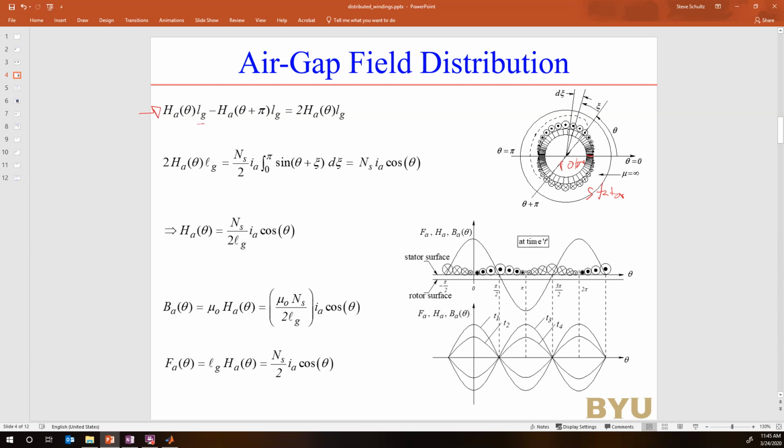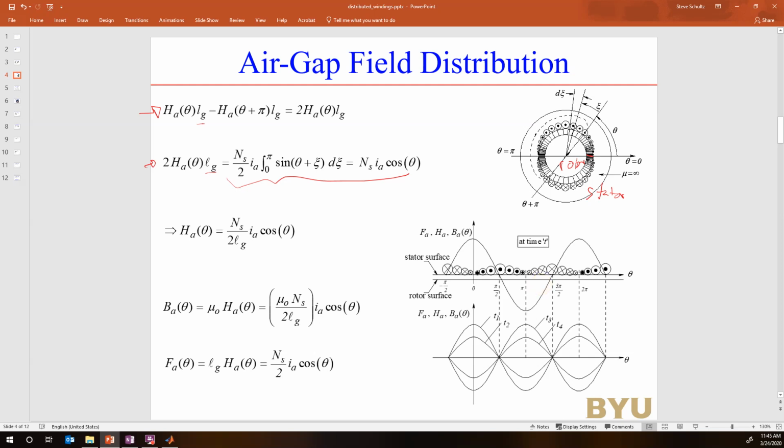You can see that as we do these loops, our magnetic field is going to enclose a certain number of wires. With this equation here, this part right here is our total number of wires around the loop, and our magnetic field is only going to exist across the air gap. So our contour integral is going to be H times the two air gaps.